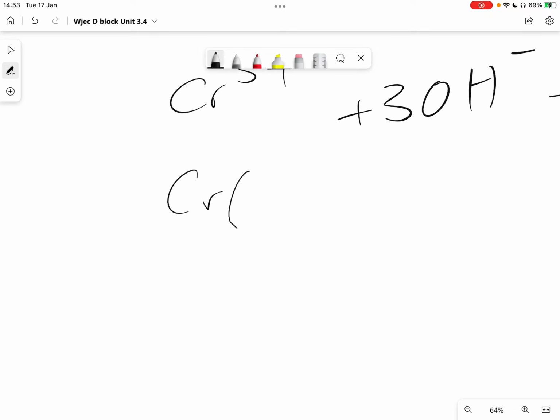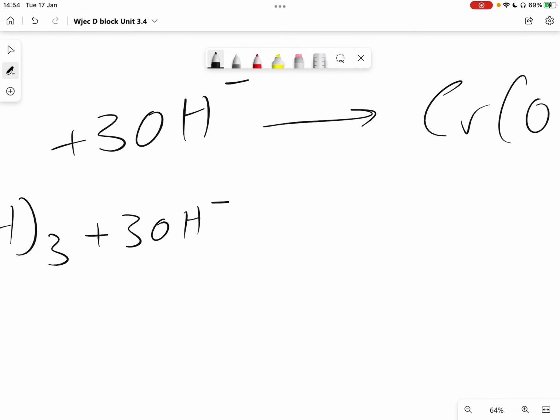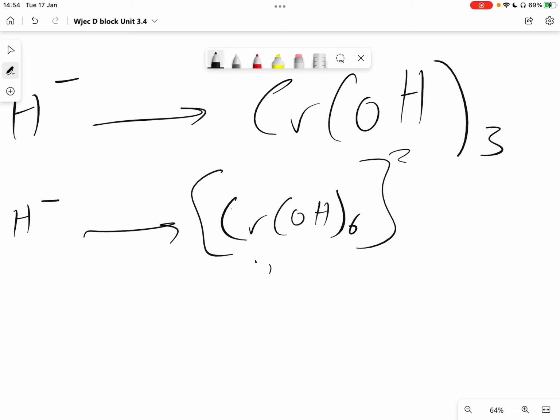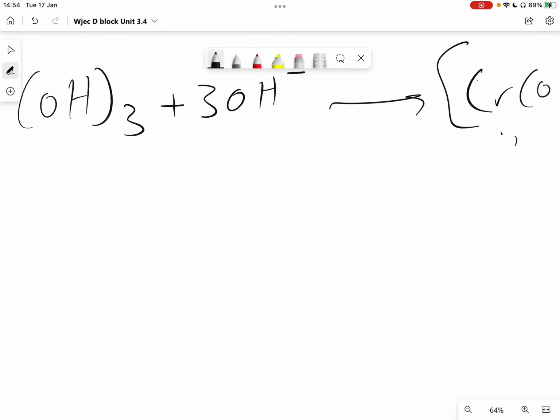So Cr(OH)3 plus 3OH- is going to give [Cr(OH)6]3-, and this is a green solution, also known as hexahydroxychromate(III), because it's got that minus charge, remember, so it has that chromate name. Okay, so that's the chromium one.